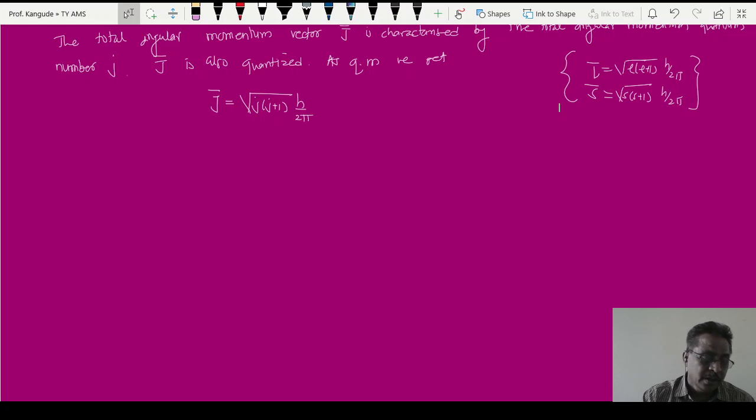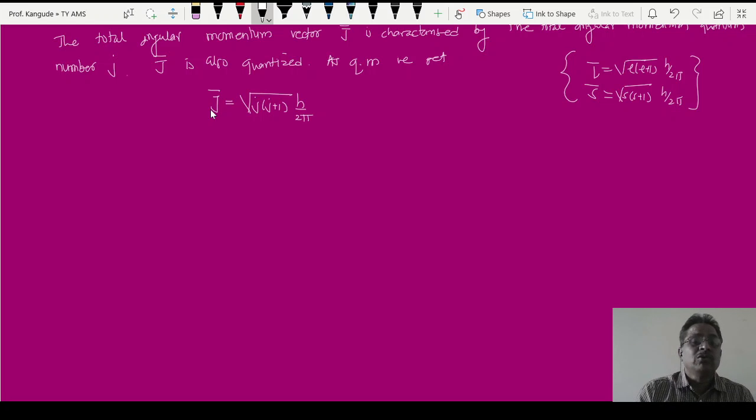Okay, now actually in any atom, this capital J bar, the total angular momentum of an atom, is decided by the last unpaired electron. In a one valence electron system, the last unpaired electron gives the orbital angular momentum as well as the spin angular momentum, and therefore the total angular momentum. This is one of the very important steps we have to write further.